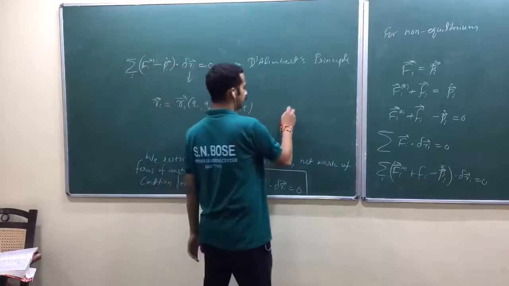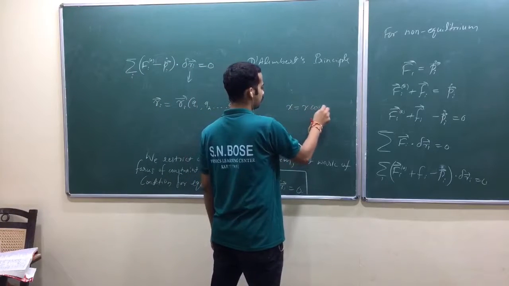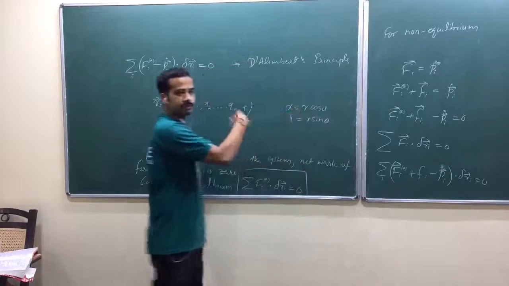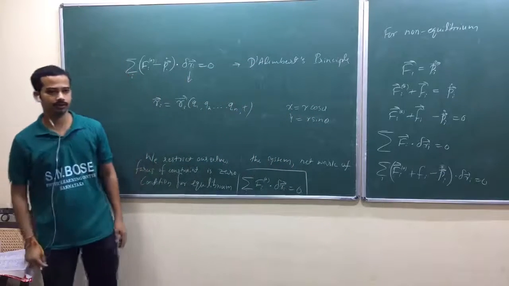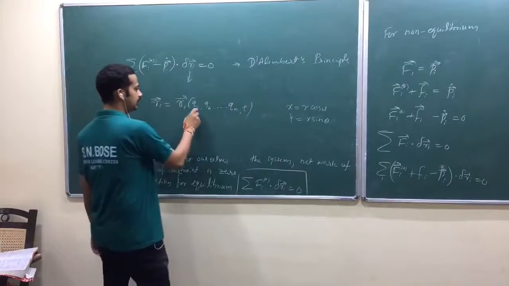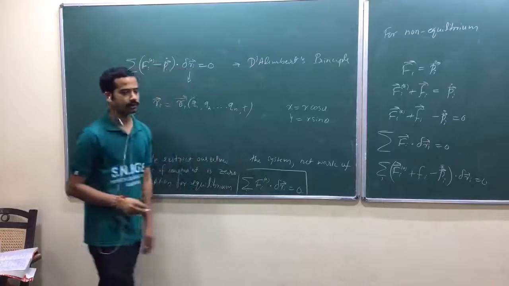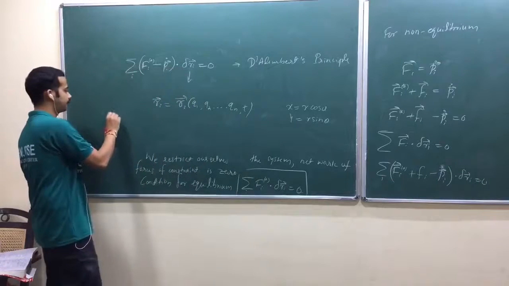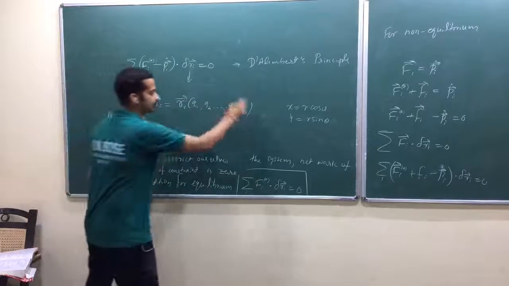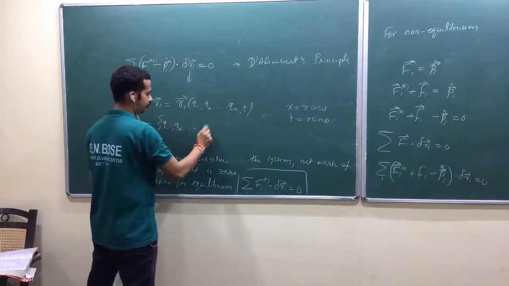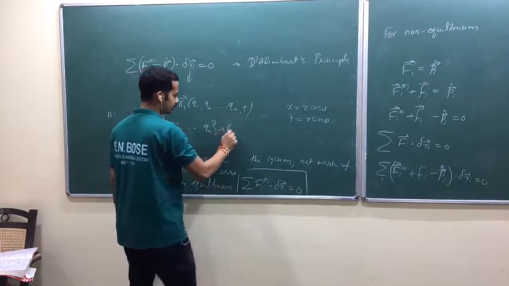Suppose you write x equal to r cos theta, y equal to r sin theta, that's a transformation equation to another coordinate. Now I have taken n coordinates. These are generalized coordinates: Q1, Q2 and so on to Qn.